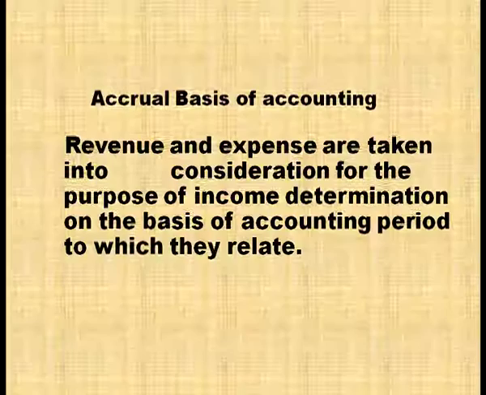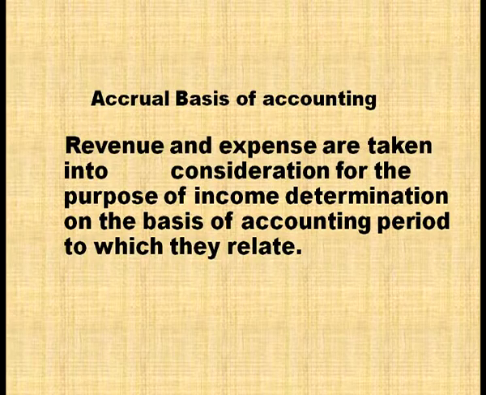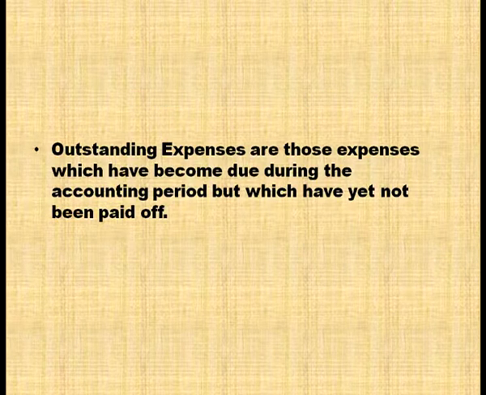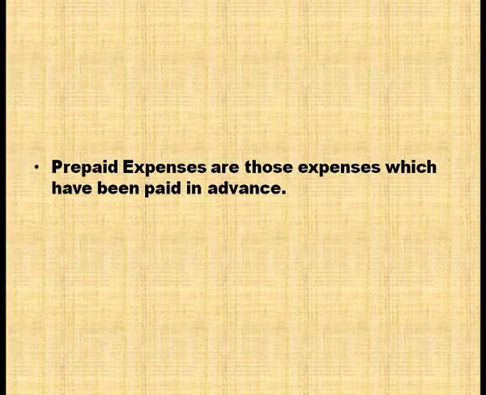Next type, accrual basis of accounting. Here, revenue and expense are taken into consideration for the purpose of income determination on the basis of accounting period to which they relate. Outstanding expenses are those expenses which have become due during the accounting period, but which have not yet been paid off. Prepaid expenses are those expenses which have been paid in advance.